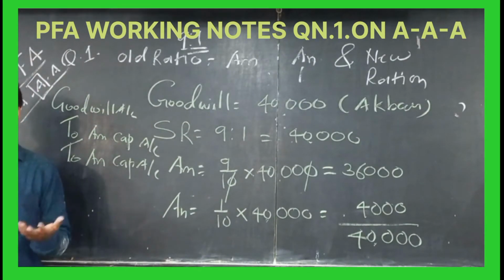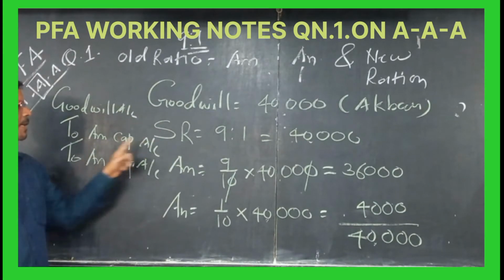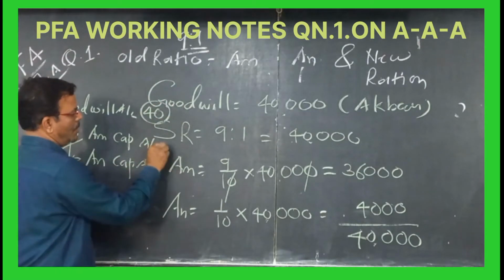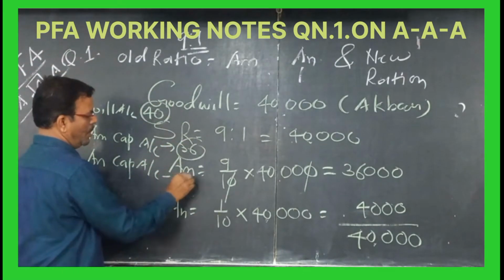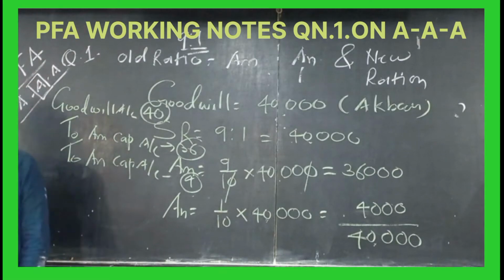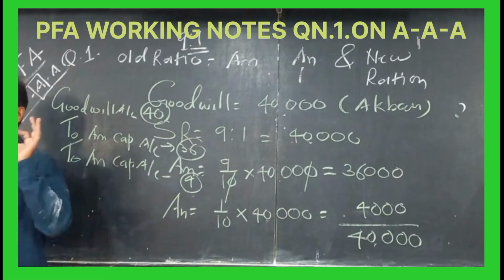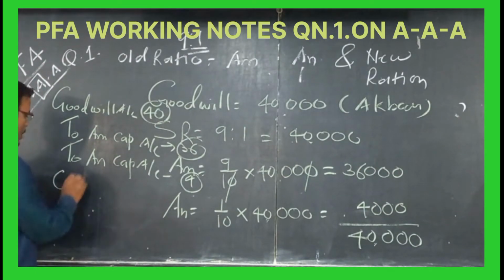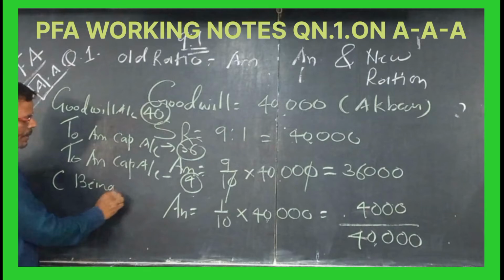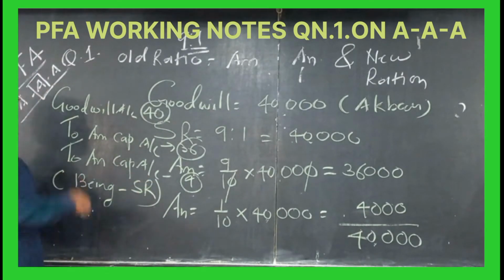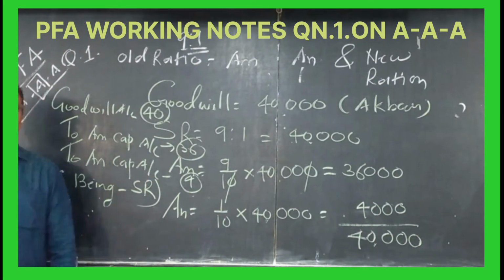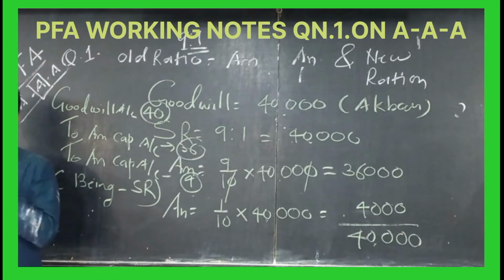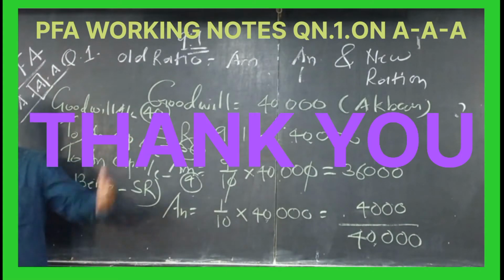Goodwill was 40,000 in total. To this one 36,000, to this one 4,000. Being goodwill given to the old partners in their sacrifice ratio. So in this way we have to find out the sacrifice ratio and give goodwill to the old partners in their sacrifice ratio.